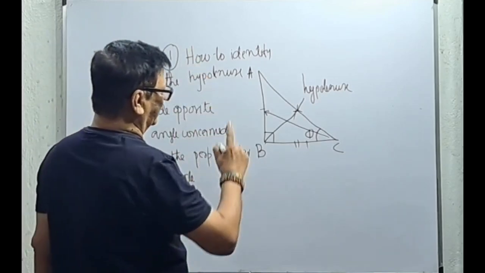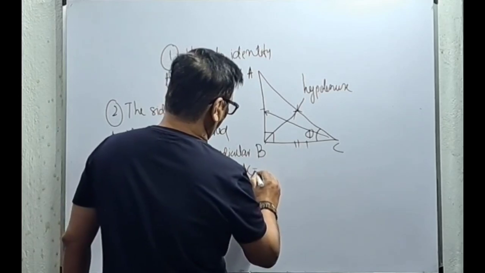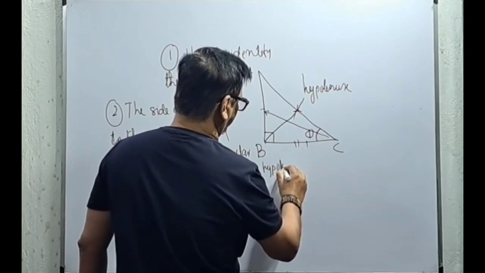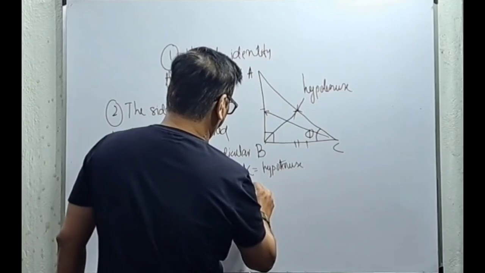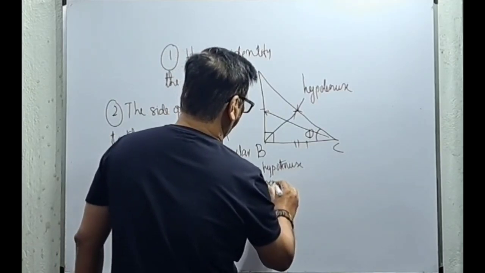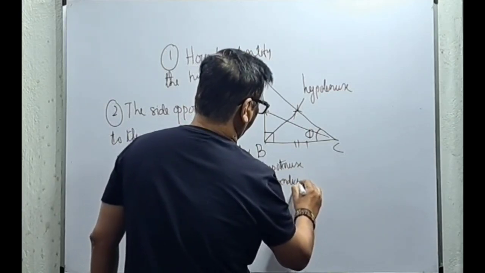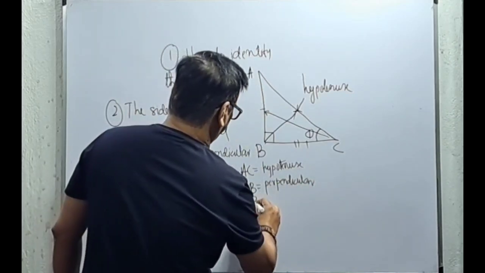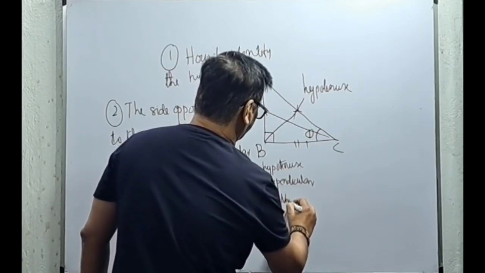So in this triangle, AC is equal to the hypotenuse, AB is equal to the perpendicular, and BC is equal to the base.